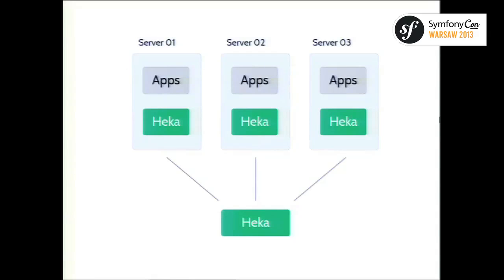And it also supports this router model, so you can have multiple servers with Heka running locally that maybe read the log files or just accept statsd data, and then aggregate it all into one big Heka cluster.